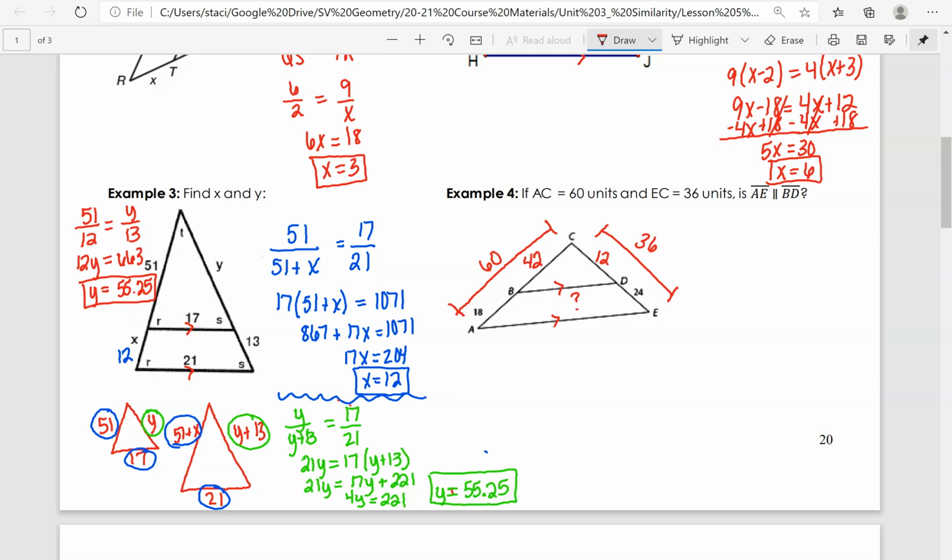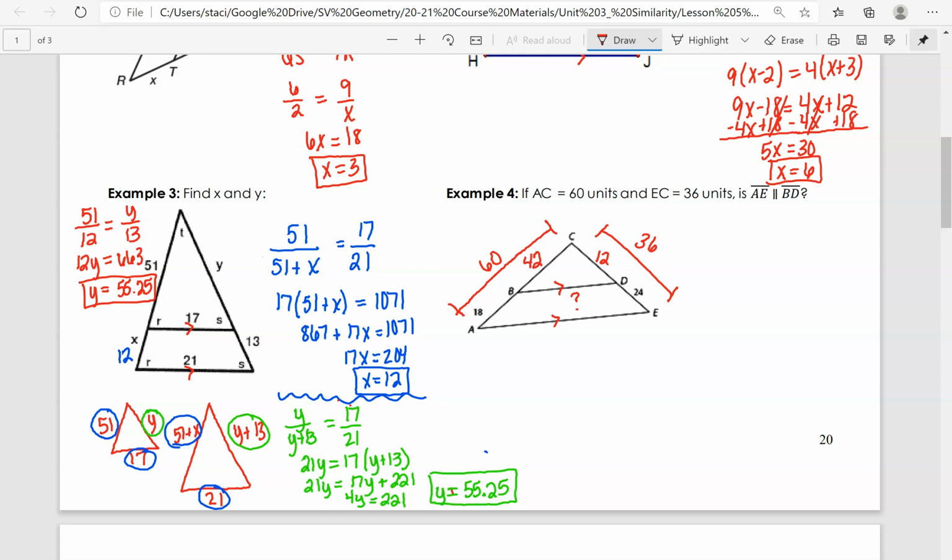Well, this is where the converse comes into play. The converse of the side splitter theorem says that if indeed the two sets of sides are proportional to each other, if their ratios are equal, then we can conclude that these two lines that we're questioning are parallel. We'll actually be able to confirm it, or say no, they're not parallel if the ratios are not equal.